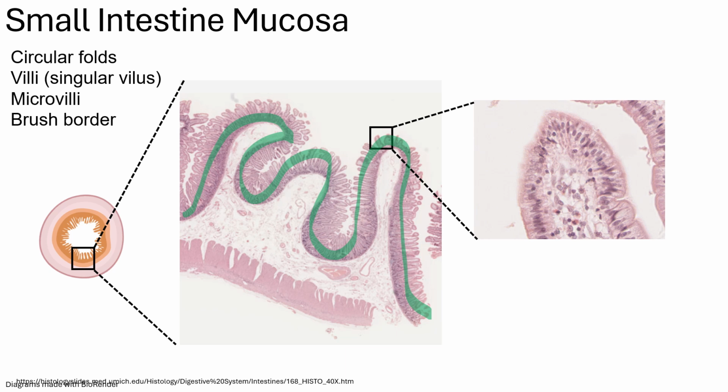Each circular fold has these smaller finger-like projections that stick off of it, called villi, and on the villi are even smaller projections called microvilli. The microvilli are so small that they form this dense forest along the outside of each villus.